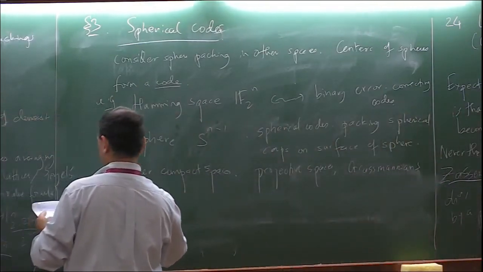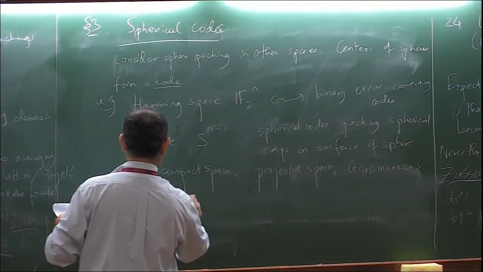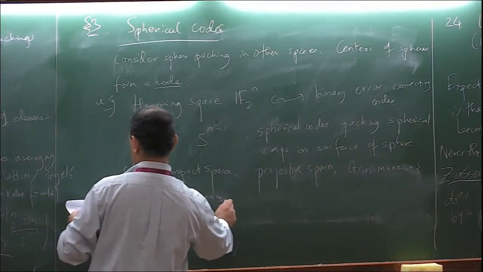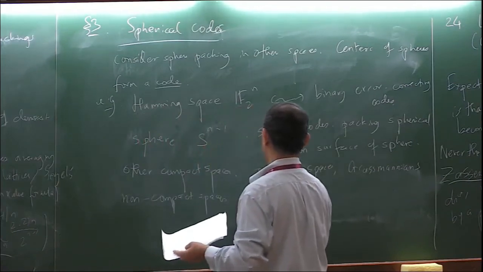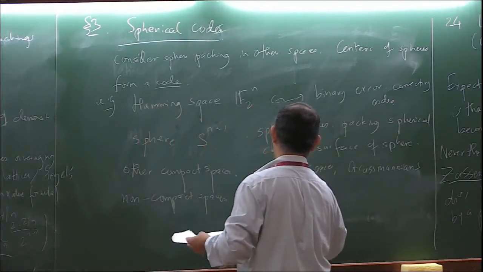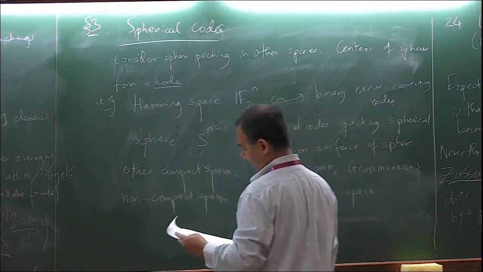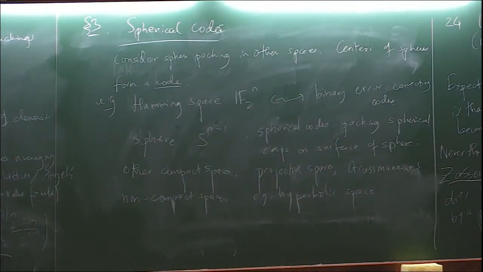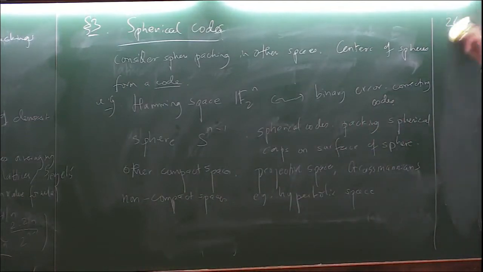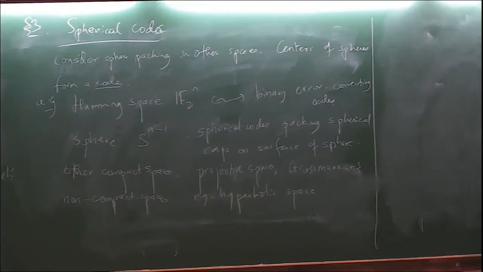You can also consider codes in non-compact spaces, for instance hyperbolic space, and so on. Okay, we'll try to stick to spherical codes because they're particularly compelling and a pretty good experimental ground for what's going to happen in sphere packings.